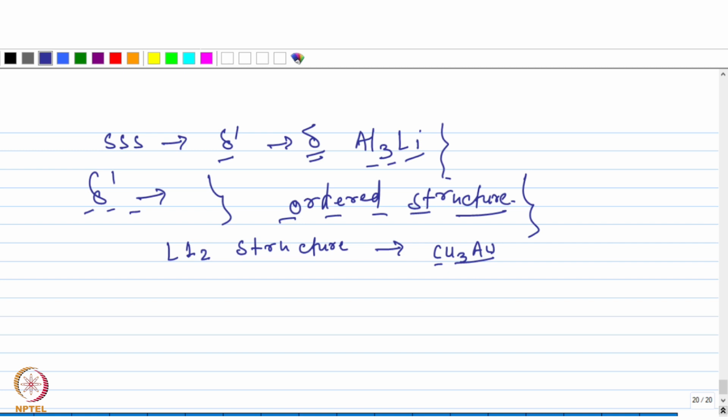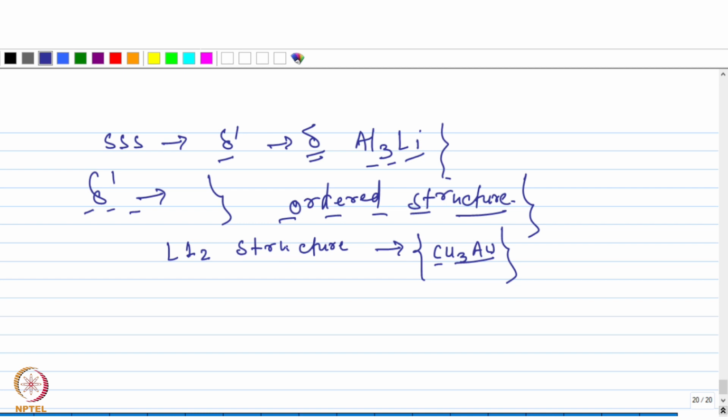Between the two atoms that you have. Here it is lithium and aluminium, and in this case it is between copper and gold. Okay, so this kind of atomic configuration can form an ordered structure over a long range.